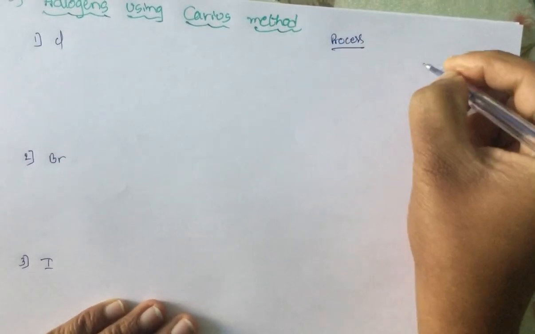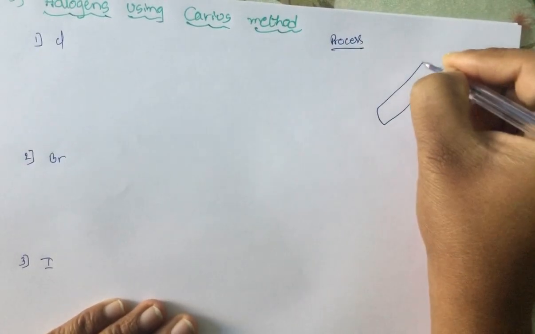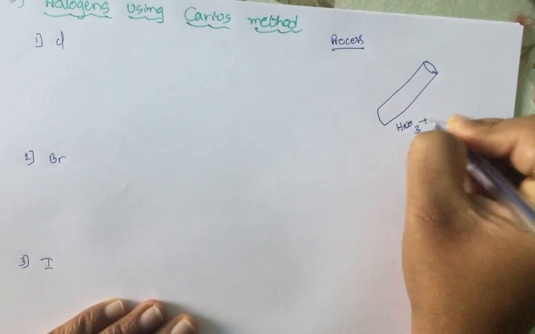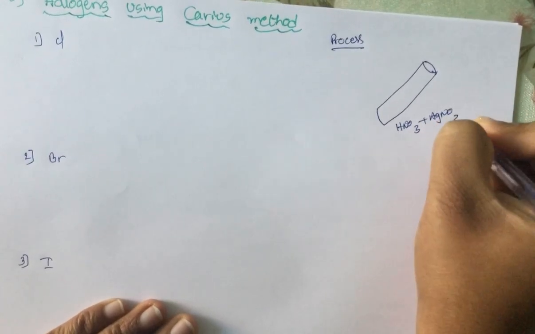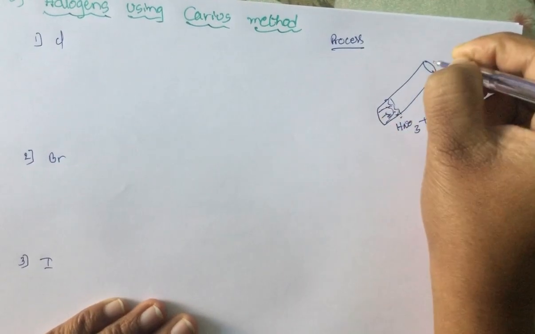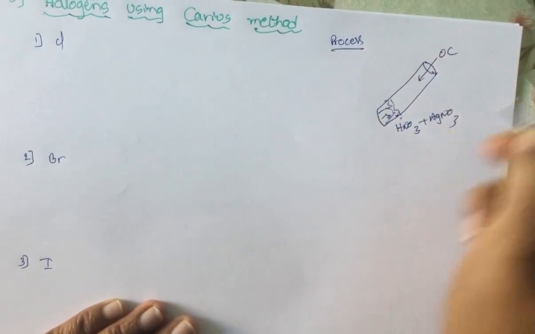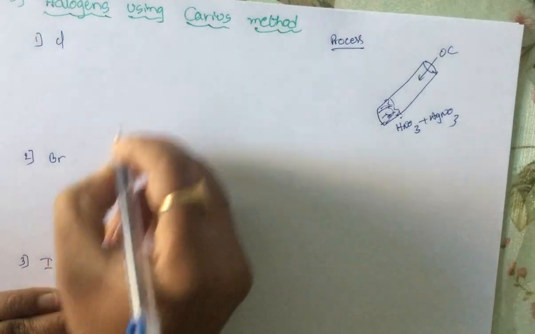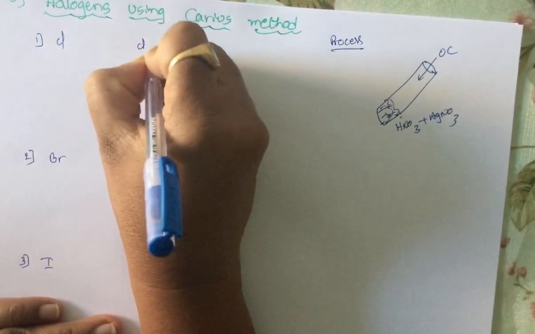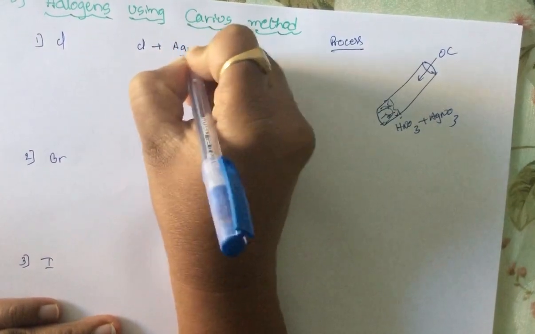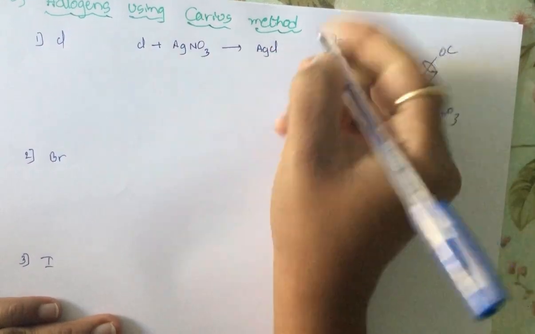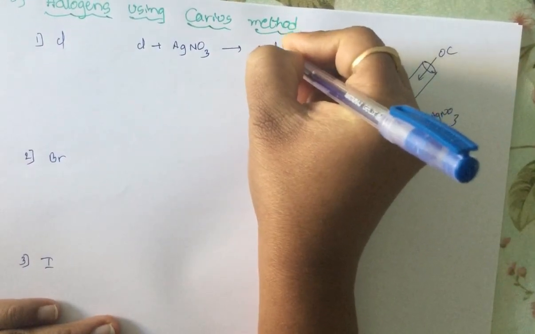Take the organic compound and treat it with HNO3 plus AgNO3, silver nitrate. So this is a solution of HNO3 plus AgNO3. Now place your organic compound into this. Then what happens when chlorine is present in the organic compound? Chlorine will undergo reaction with silver nitrate and convert into silver chloride, which is a precipitate.